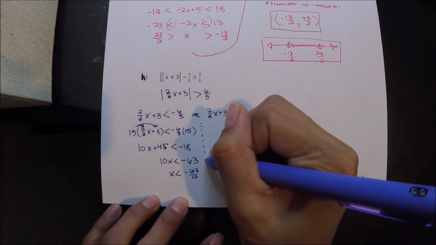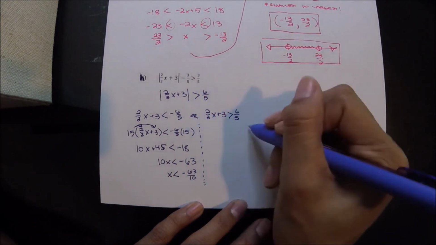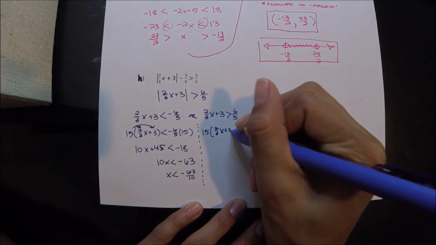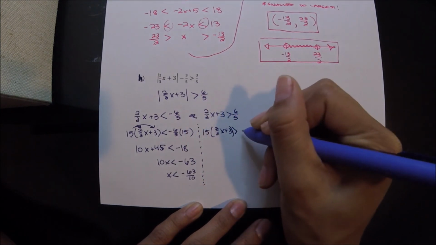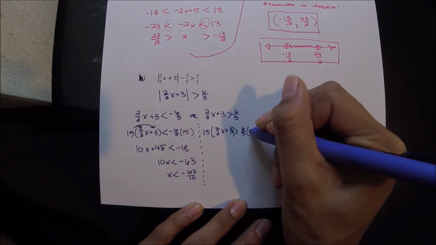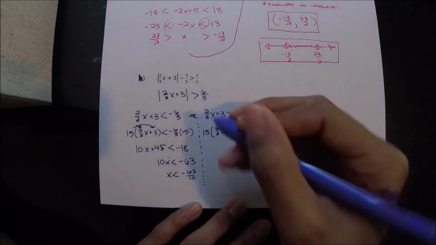Now let's do the other one. LCD is 15 over here as well, so multiply both sides by that to get rid of the fractions. If I distribute this, I'm just going to get the same thing as over here.